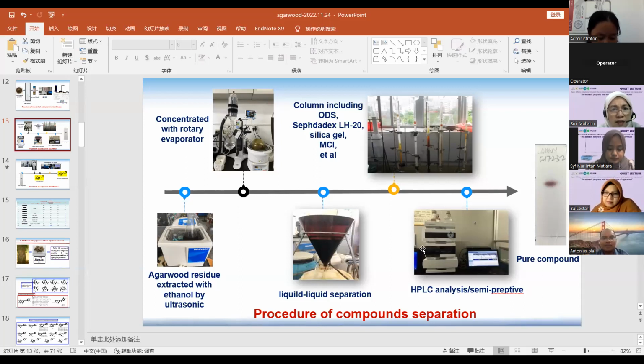Also we use different columns to separate the same sample, because only one column for the HPLC is also limited. So different columns and different solvents are used together to separate, and then finally get a pure compound.